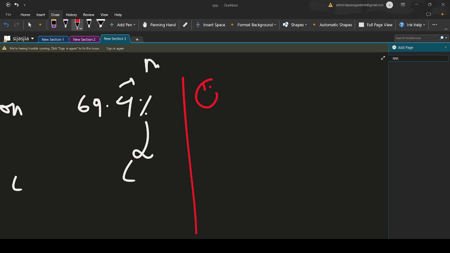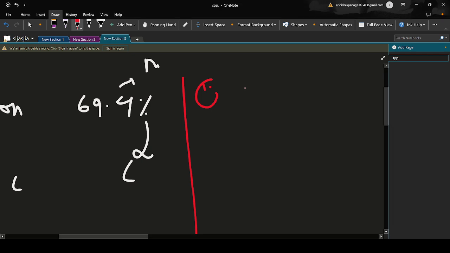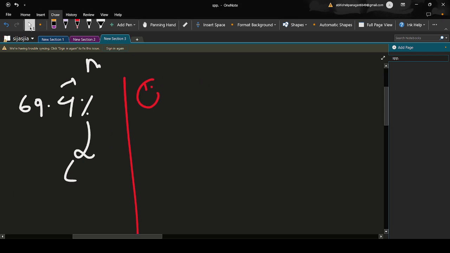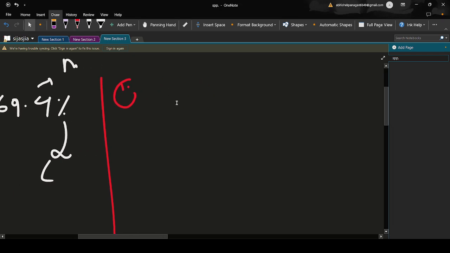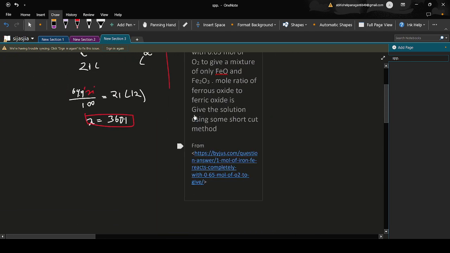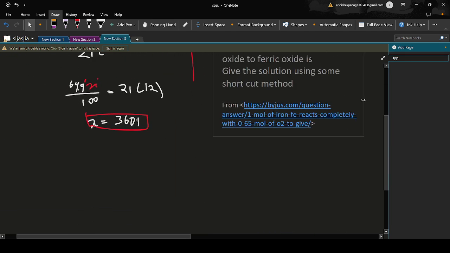One mole of Fe reacts completely. This question's pretty tough because I found it tough. Let me grab this.